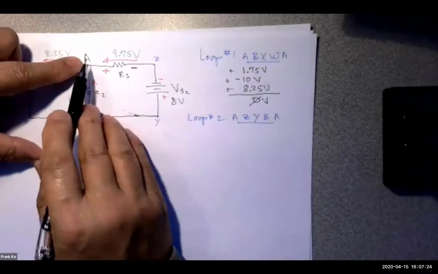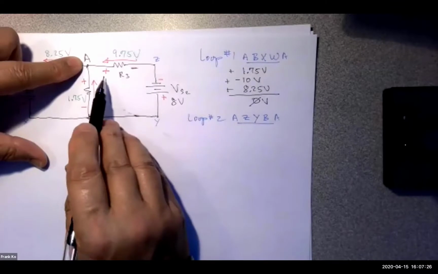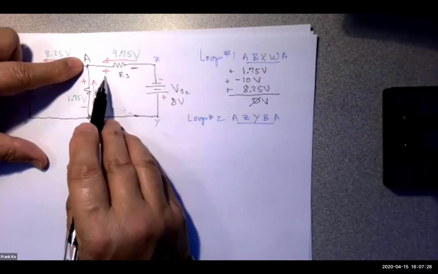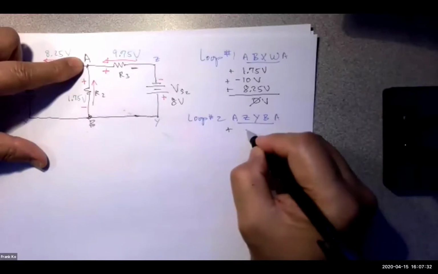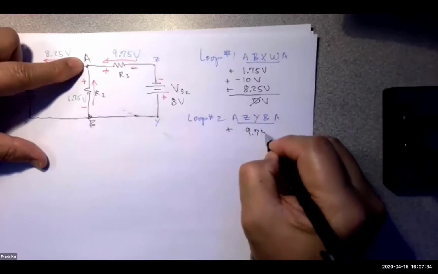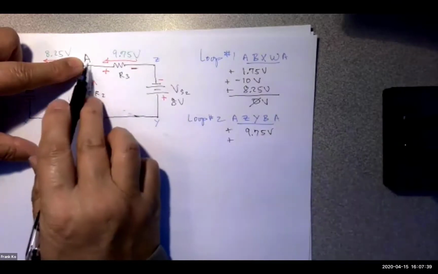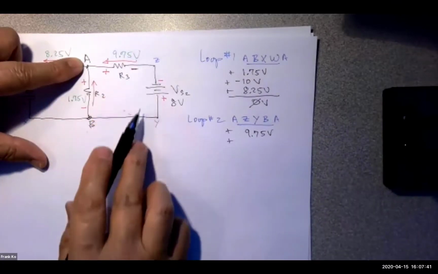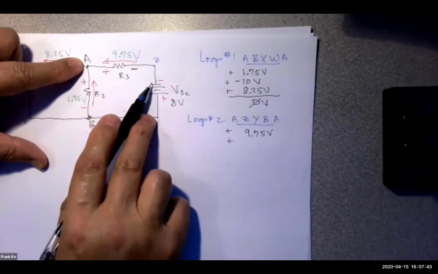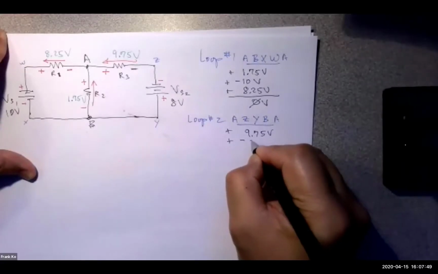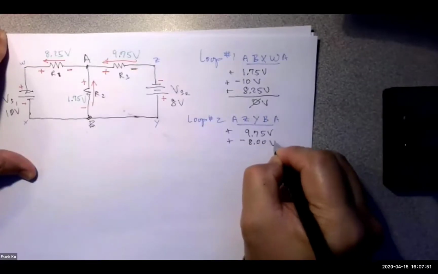At point A going to point Z, what's the first polarity we encounter? Positive. Okay, we have a positive 9.75 volts. And we're going to add that to, what's the next? We're at point Z. Now we have to go from Z down to Y. What's the first polarity we encounter? Negative. Negative how much? 8 volts. Okay, so we're going to add that to a negative 8.00 volts.